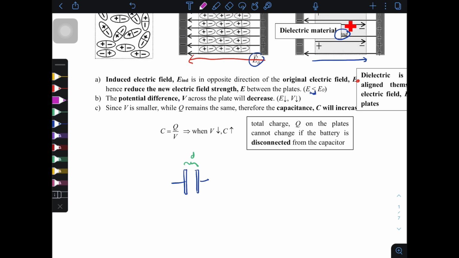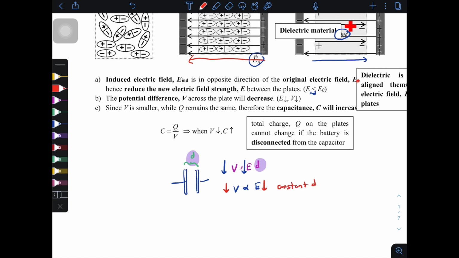As we know that V is equals to ED. As D is constant, ini constant, tak bergerak, so E kita semakin berkurang. Bila E semakin kurang, V semakin berkurang sebab V is directly proportional with E. So E berkurang, V berkurang, at a constant D.